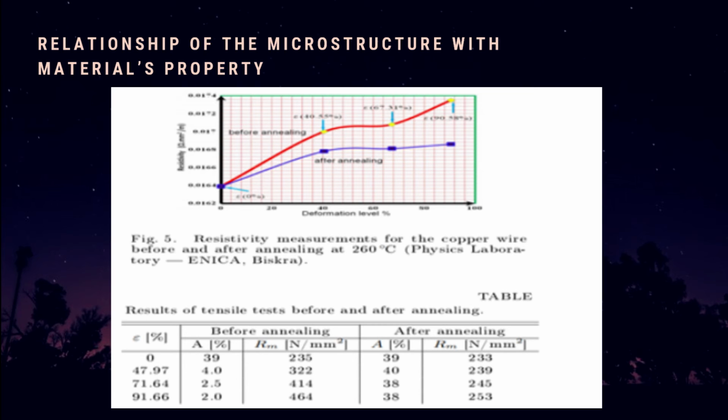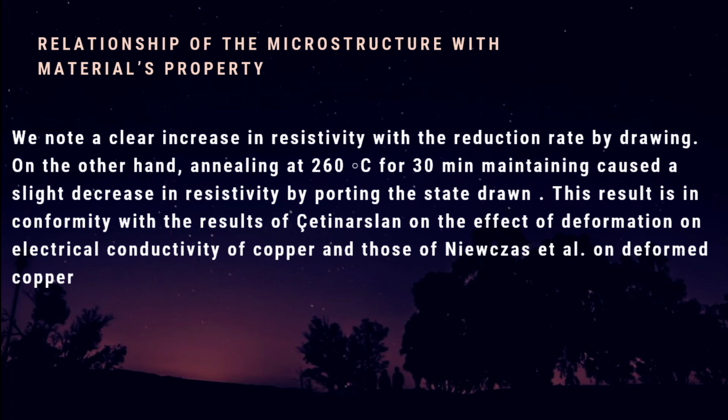We note a clear increase in resistivity with the reduction rate by drawing. On the other hand, annealing at 260 degrees Celsius for 30 minutes of maintaining caused a slight decrease in resistivity compared to the drawn state. This result is in conformity with the results of the effect of deformation on the electrical conductivity of copper and deformed copper.